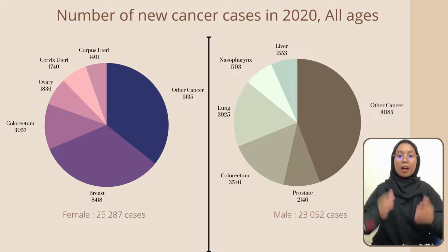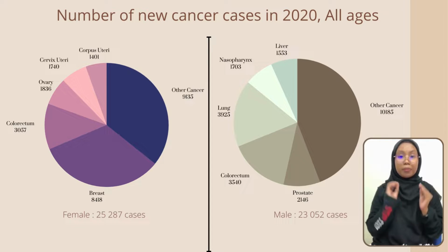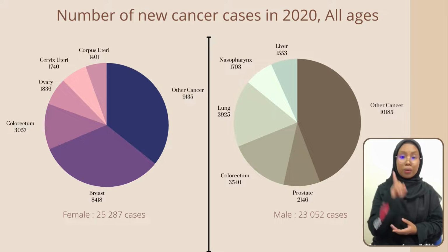On the other hand, from the male pie chart, lung cancer recorded 3,925 new cases in 2020, while liver cancer recorded 1,553 new cases in 2020.